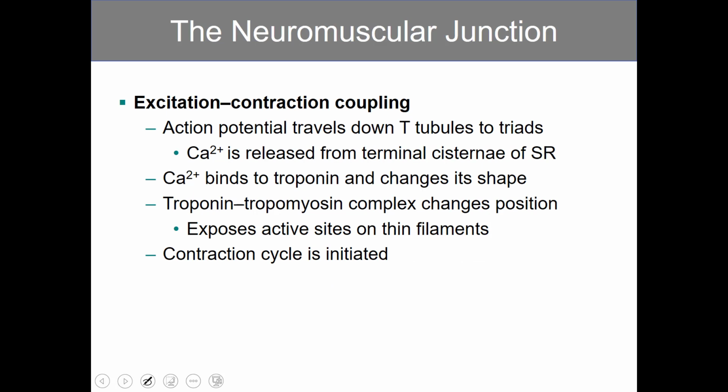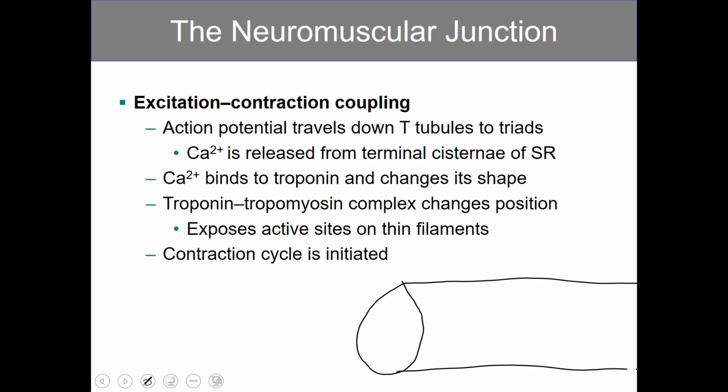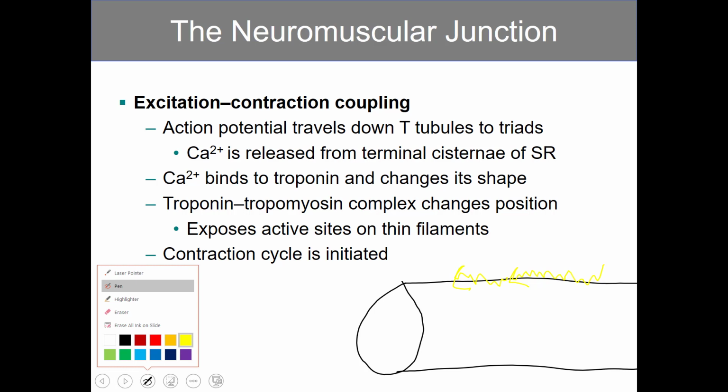The excitation contraction coupling. As the action potential, and I'm going to very crudely draw our skeletal muscle fiber, as the action potential, I'll even change colors, travels down the sarcolemma, it will encounter, let's do green, the T-tubules.